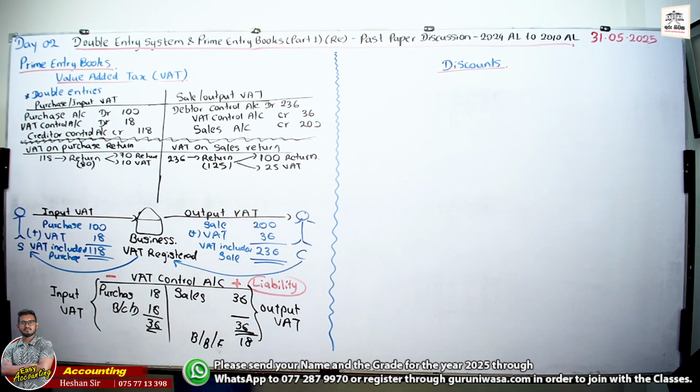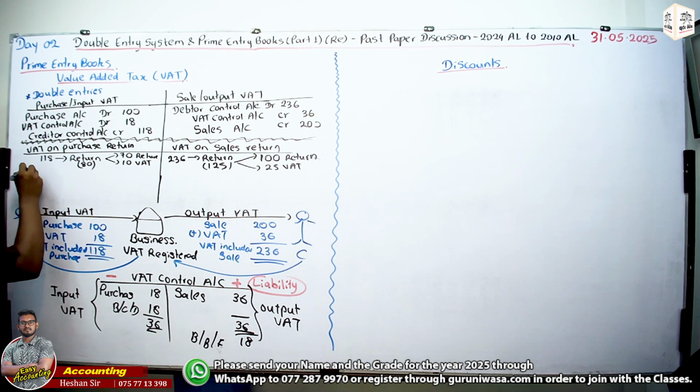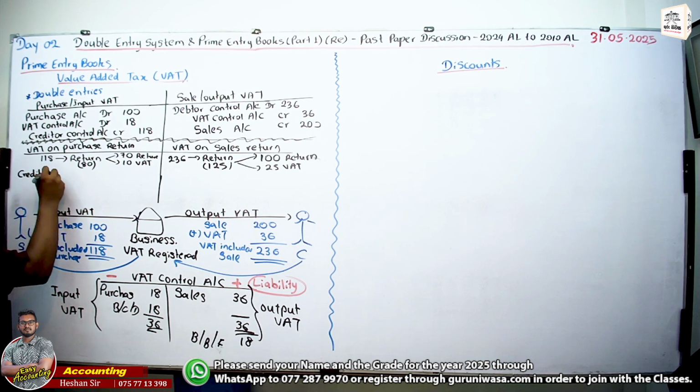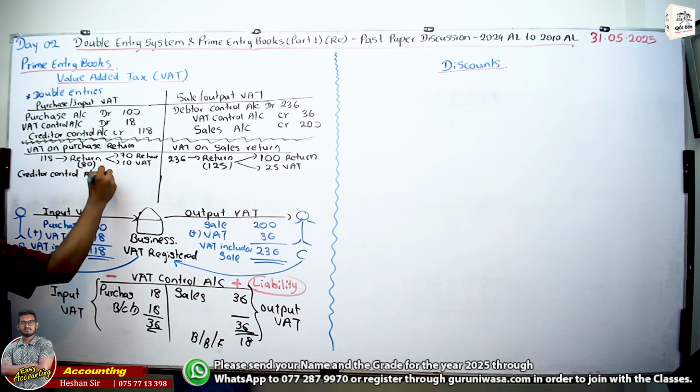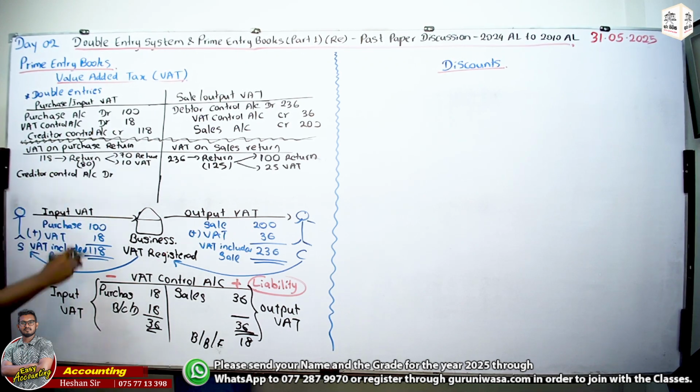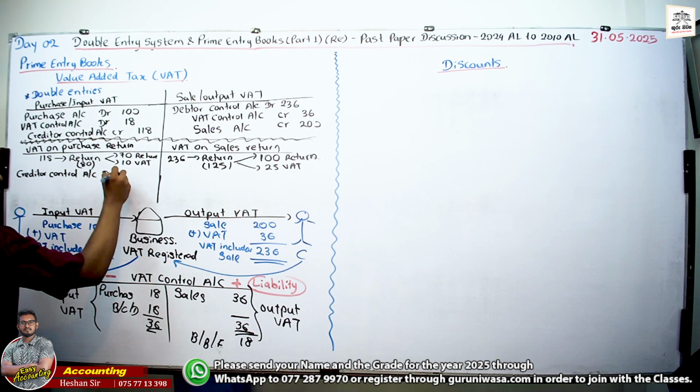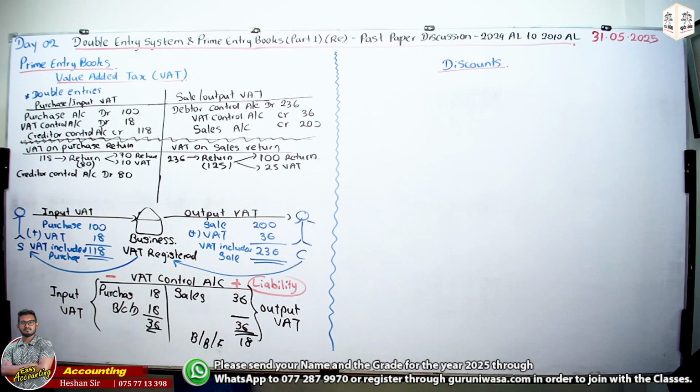The total value is 18 here. We return to the supplier, so creditor control account debit. When we purchase, liability increases, creditor control account credit. When we return it, totally creditor control account debit 80.